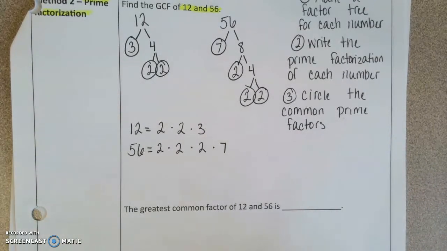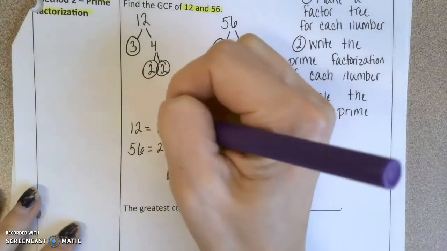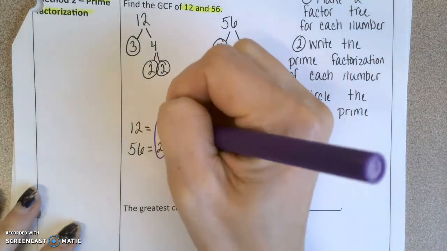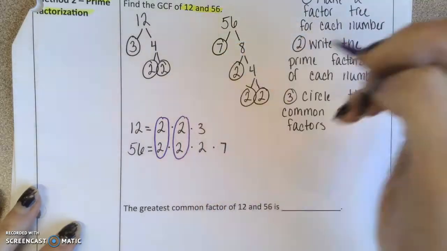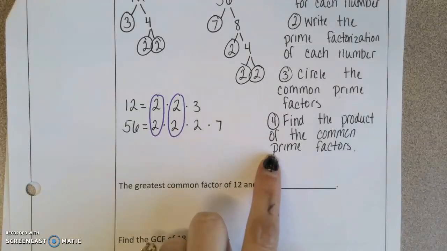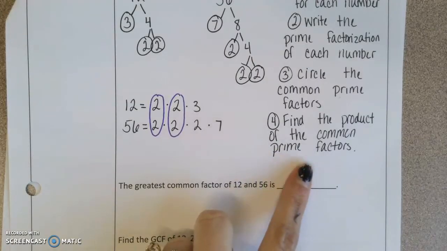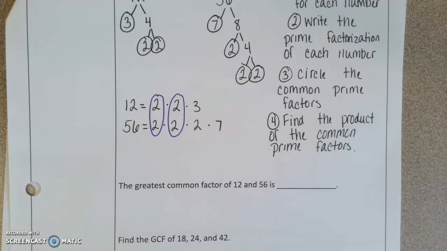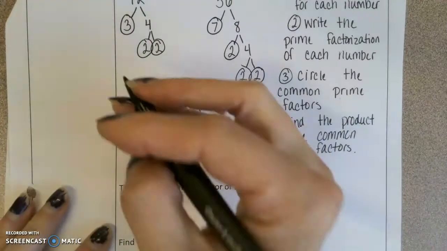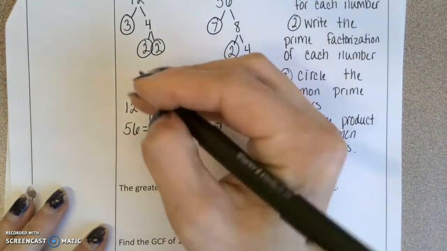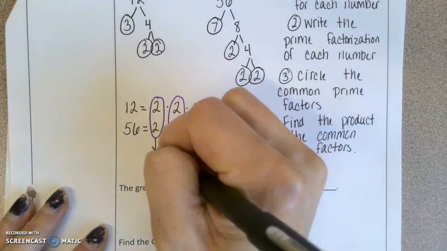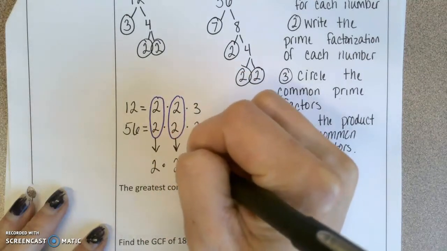When I do that, I look at my 2 lists here. They each have a 2 down here. And they have a second 2 as well. And then the last step is to find the product of the common prime factors. So I'm going to take a 2 and then another 2 that I circled, and I'm going to multiply those.